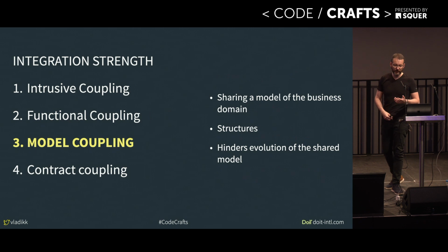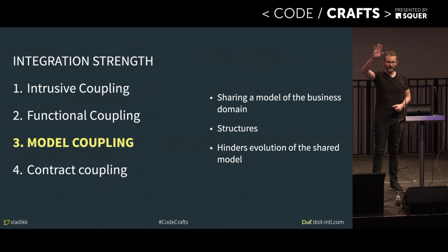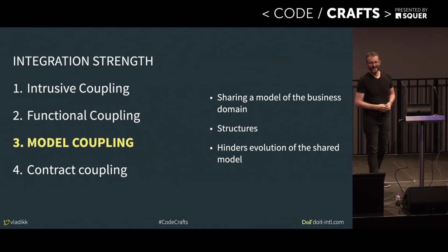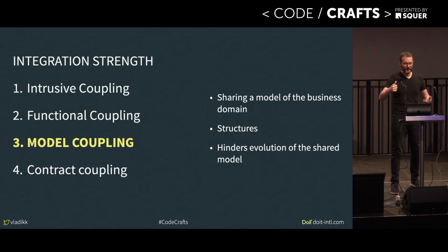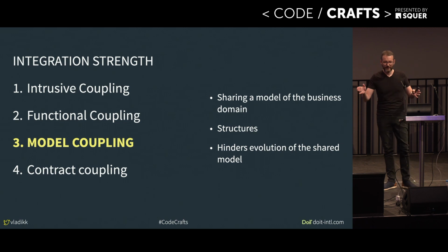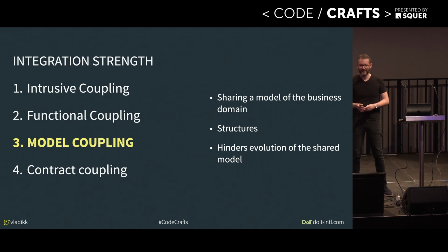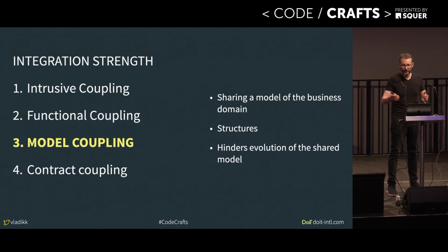Next one is model coupling. Did people hear? Oh, okay. So for you, bounded context, model is shared inside the boundary. That's model coupling. For the rest of you, first of all, read about domain-driven design. You won't regret it. So when we are implementing business logic, we are actually building a model of a business domain.